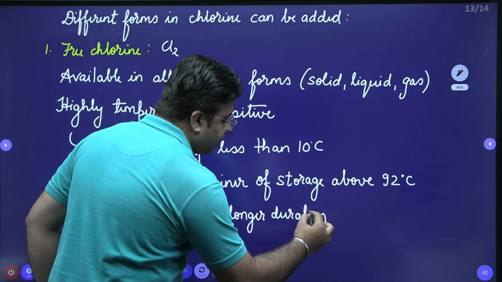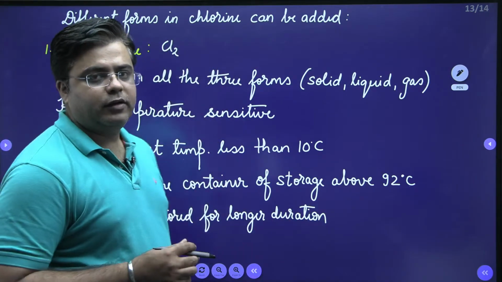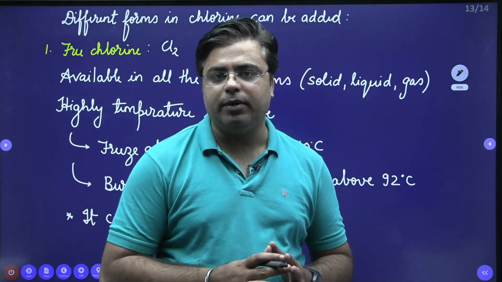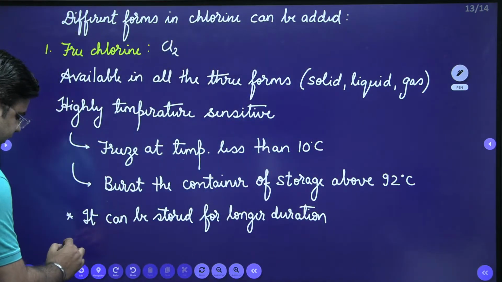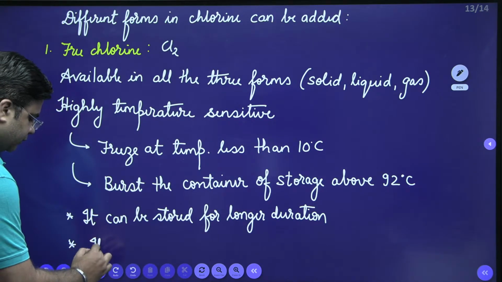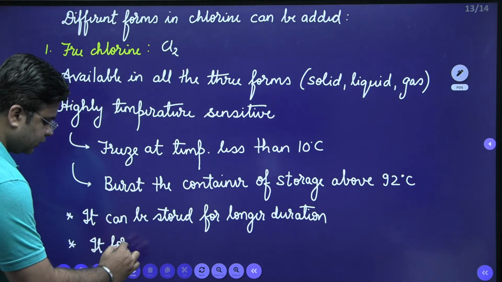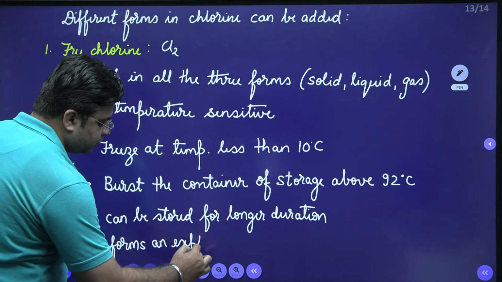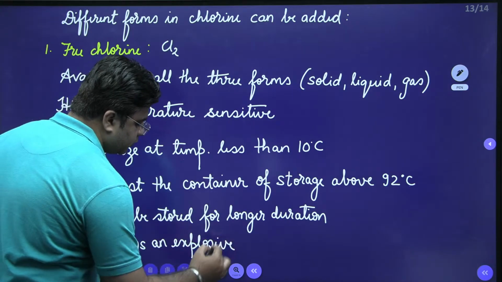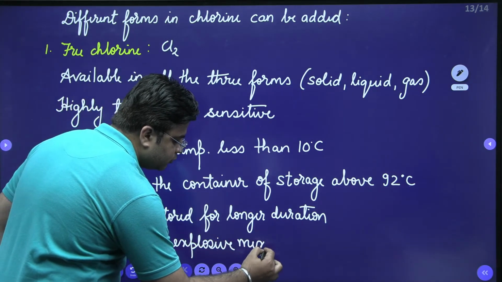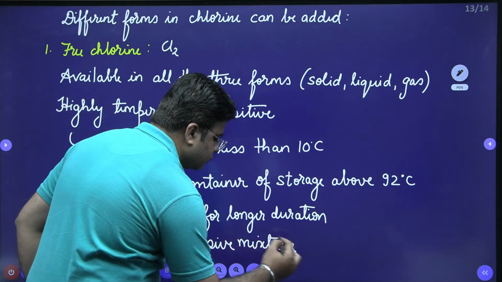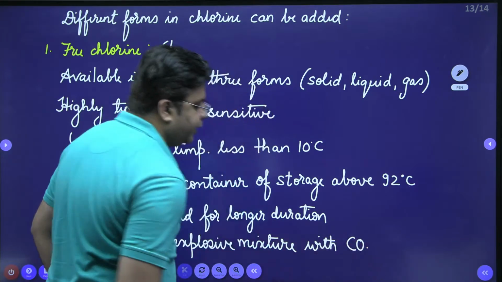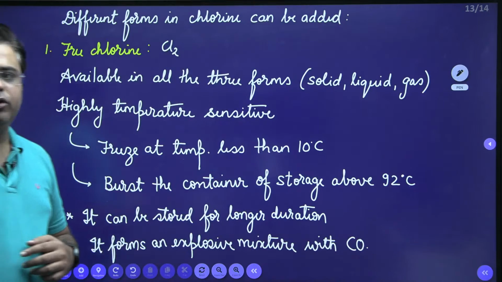The only drawback is this chlorine forms an explosive mixture when it comes in contact with carbon monoxide, CO. It forms an explosive mixture with carbon monoxide.